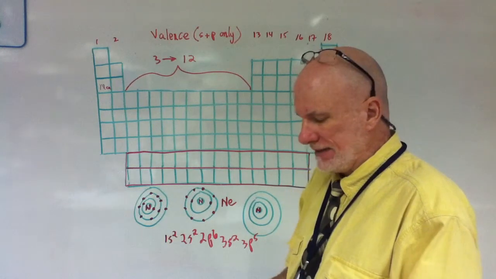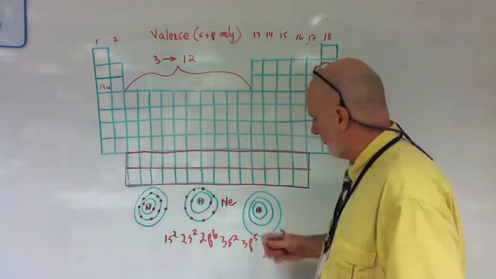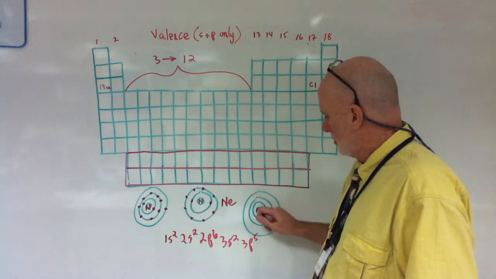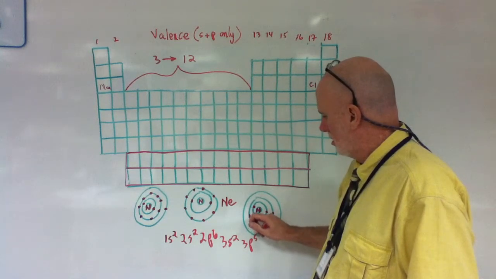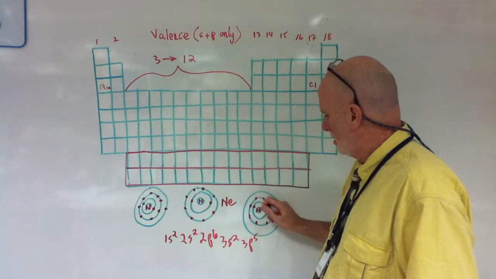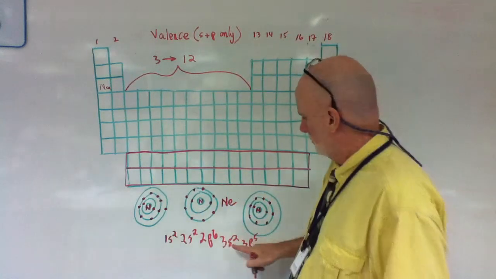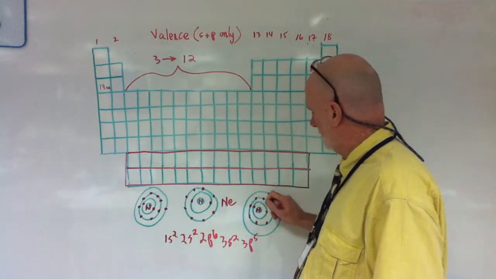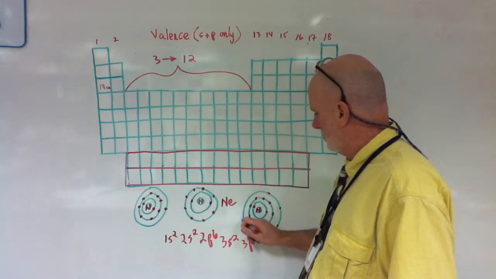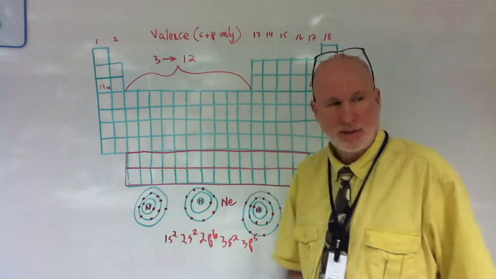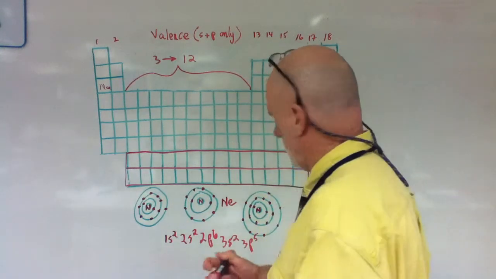Let's draw, okay, so how many electrons does it have in the first shell? 2. In the second shell? 8. In the third shell? 7. 2 plus 5 is 7. Okay, you all right with that? Yes? Okay. Let me draw one more shell.